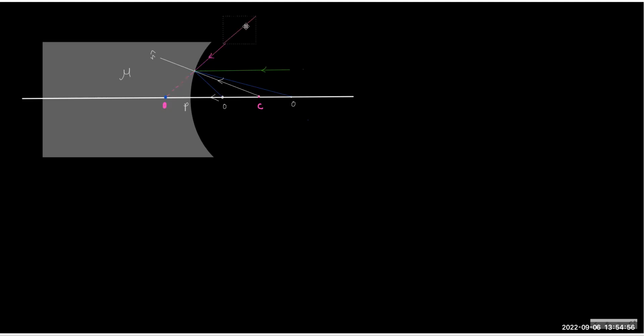Do you see the origin of the pink ray? No. If you don't see the origin, it means you don't see the object. So it's a virtual object. That's why I have shown it by the dashed line. The dashed line for the O is representing this virtual object.